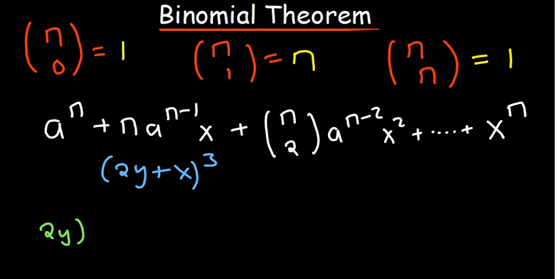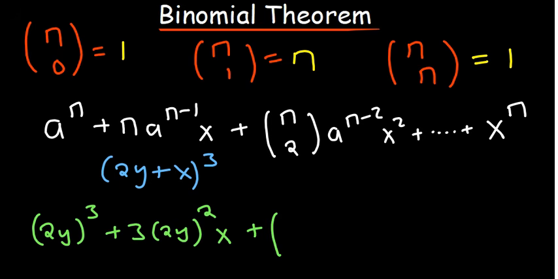The power itself is 3, so our n is 3 and our a is 2y. As you get conversant with this, you'll be able to see that the power of a is reducing by 1 at each point. So 3 minus 1 is just 2. The power of x begins to increase.